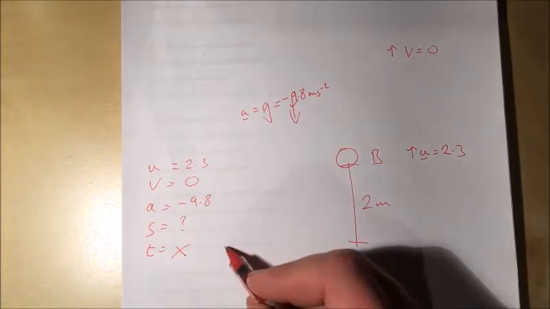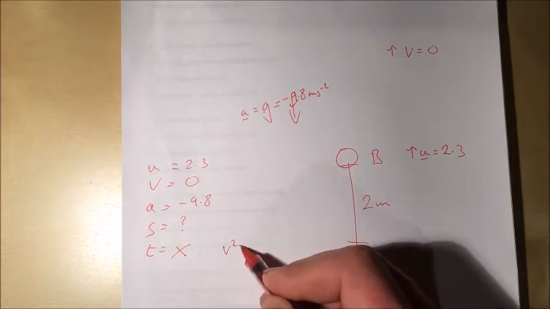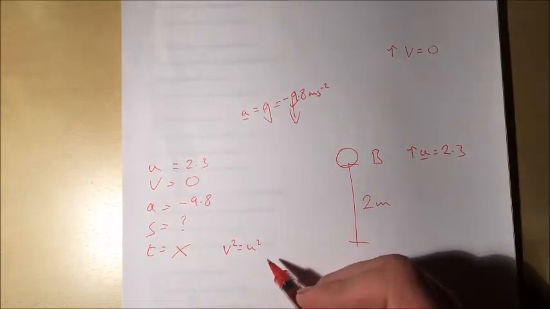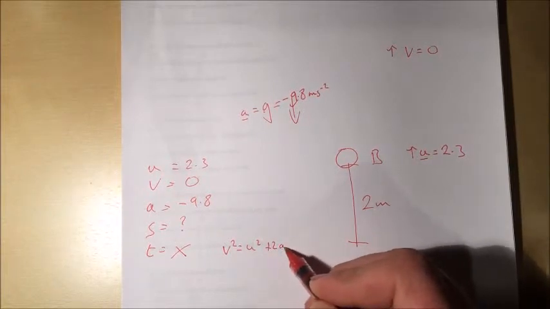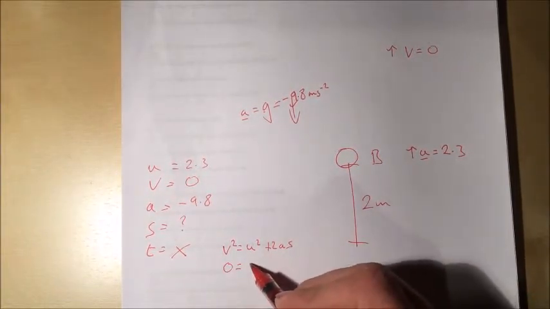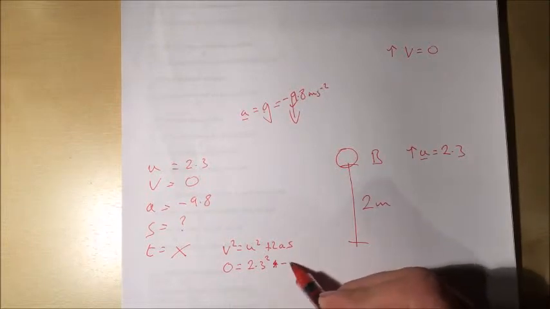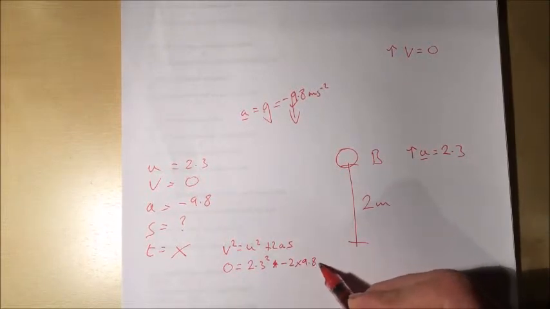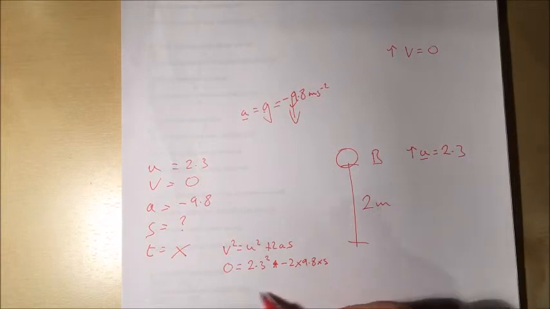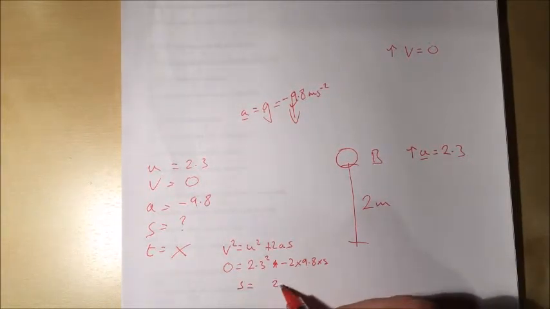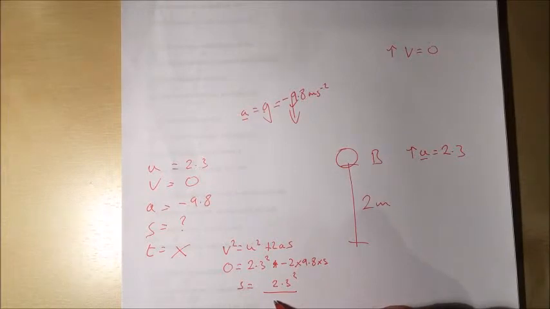So V squared equals U squared plus 2AS again, so 0 equals 2.3 squared plus, minus 2 times 9.8 times S. So S equals 2.3 squared divided by 2 times 9.8, which is 19.6.